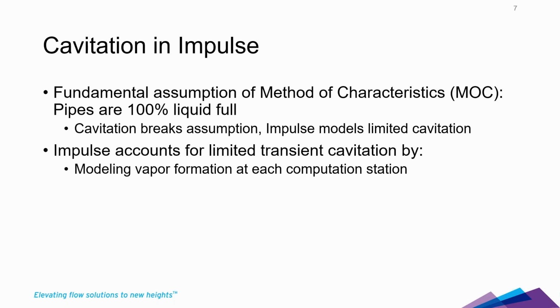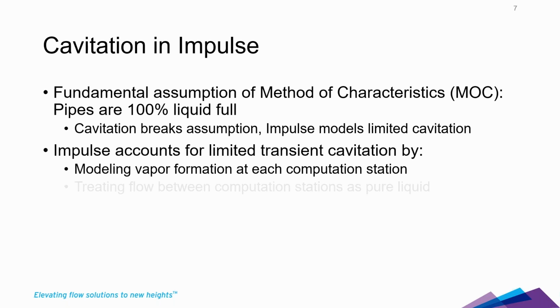We have several resources that describe Waterhammer in general and what pipe sectioning means and what pipe stations are. But essentially, a computation station is a mathematical point along a pipeline or along a pipe where your transient pressures, flow rates, velocities are being calculated.